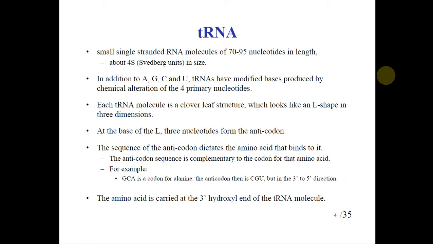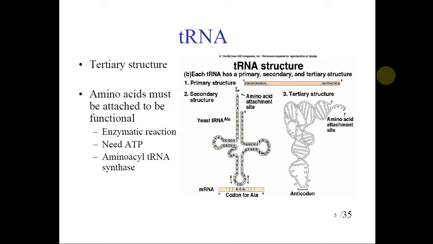The tRNA has inverted repeats, so they form intra-strand base pairing with one another and form a tertiary structure like this. The amino acids are attached to this 3' end. At the 3' end, tRNA is modified by adding the CCA triplet.